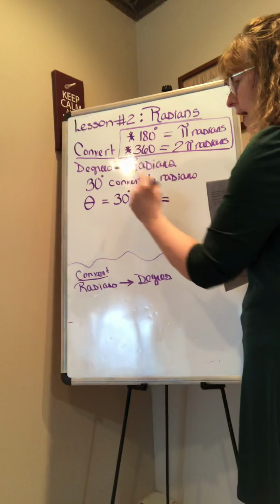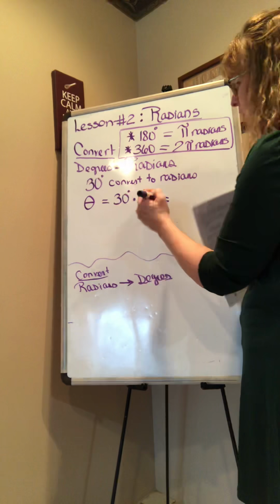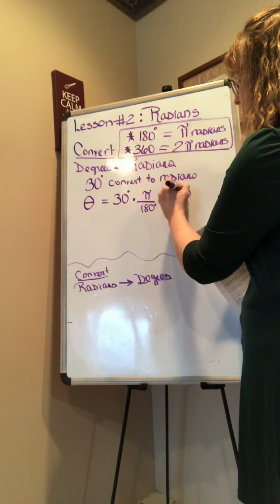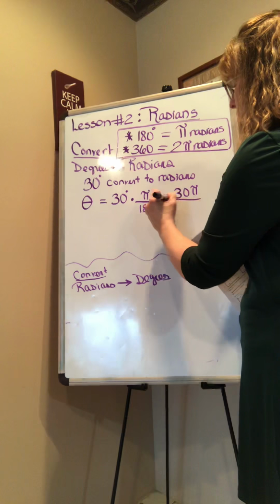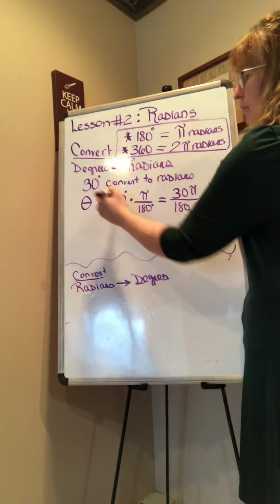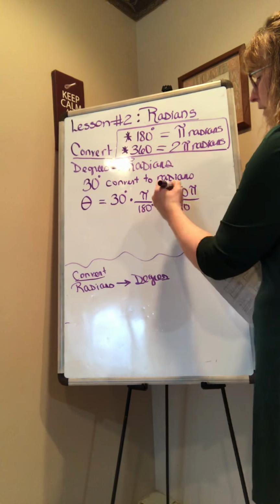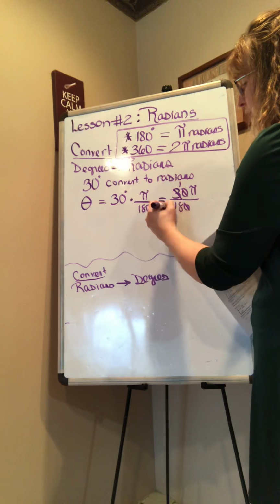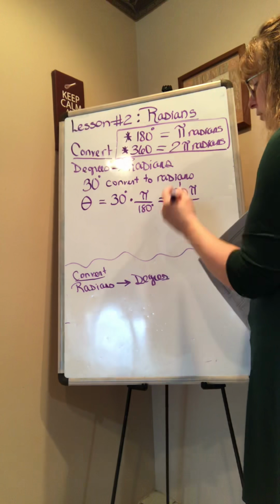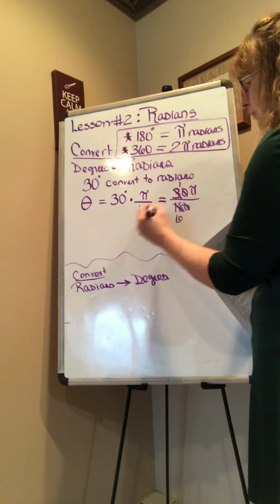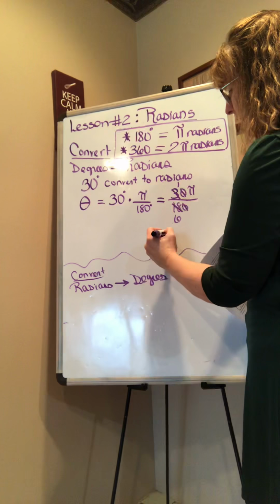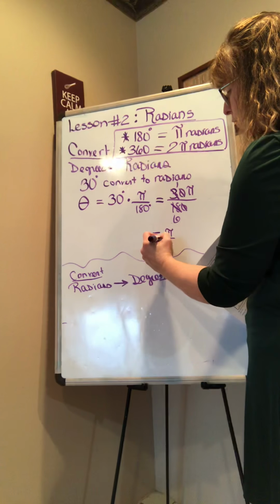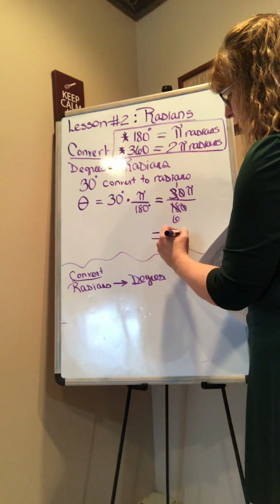But before I start reducing and making it hard to read, let's just have this as 30 pi over 180. So I could reduce diagonally. Zeros reduce by 10. 3 goes into 18 6 times. So this becomes pi over 6 radians.